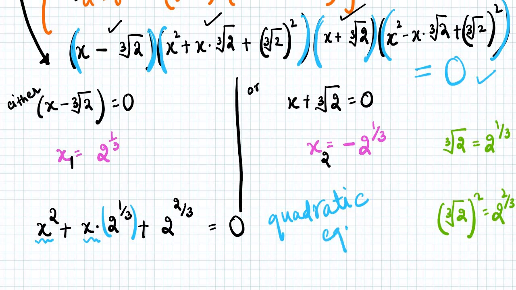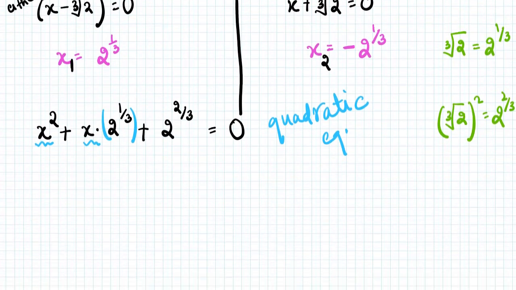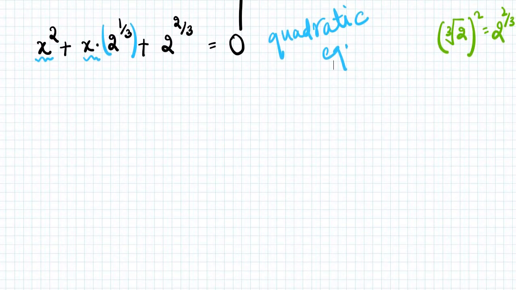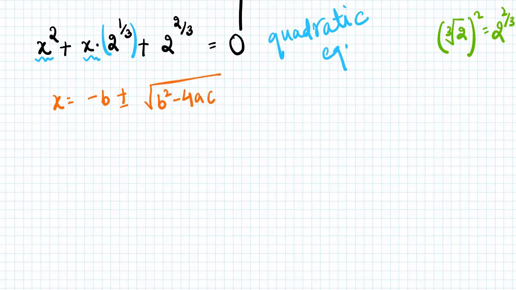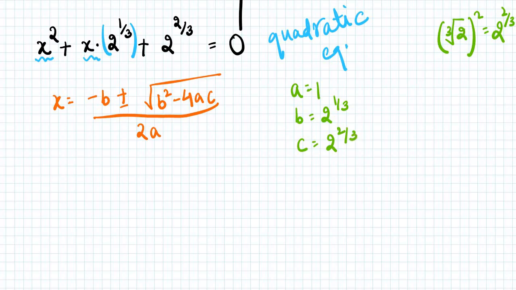Let's use the quadratic formula. x is going to be negative b plus minus square root of b square minus 4ac over 2a. So quickly, my a is 1, my b is this, and my c is 2 power 2/3.